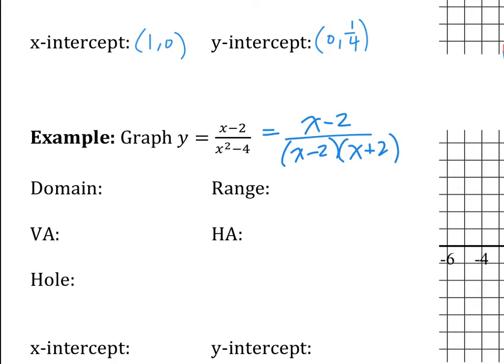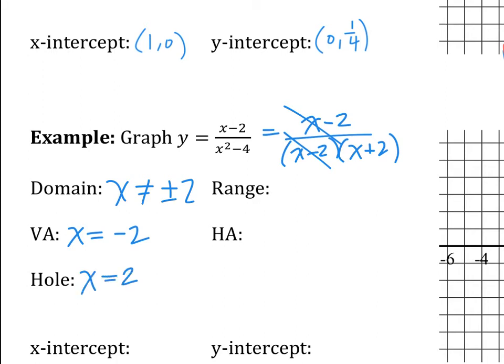What is the domain? x equals... All right, skip range for now. What is the vertical asymptote? x equals -2 only? Yes, because this cancels. Then what does that mean about the one I canceled? It's a hole. So I know there is a hole at 2.